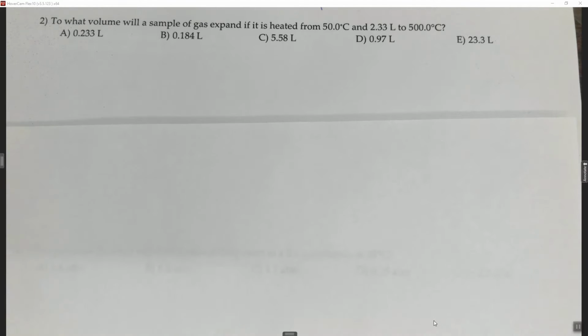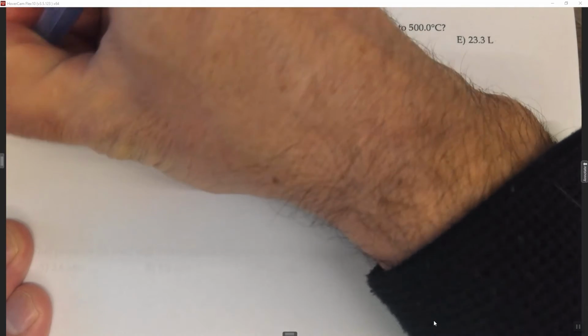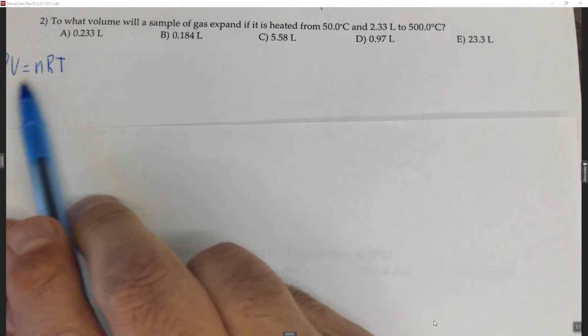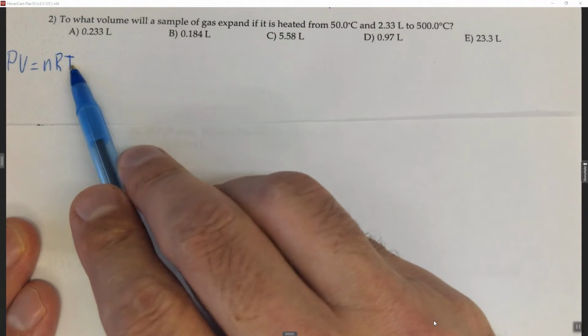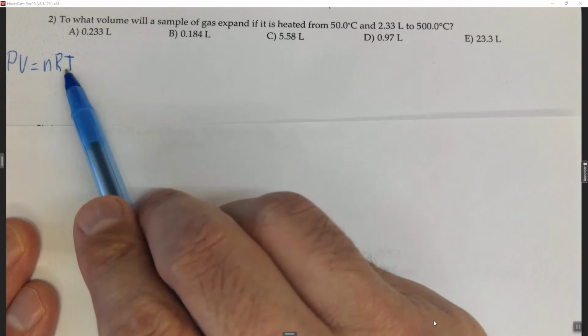Now, you can remember Charles' law as if you take a balloon and you heat it up, the balloon will get bigger. So as the temperature increases, the volume also increases. So there's a direct proportionality. Or if you look at the ideal gas law, PV equals nRT, variables that are on opposite sides of the ideal gas law, volume and temperature in this case, are going to be directly proportional to each other.